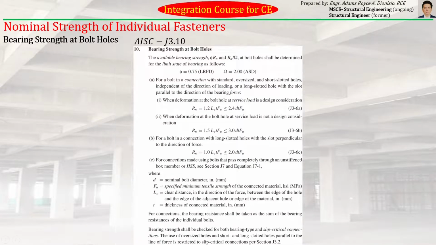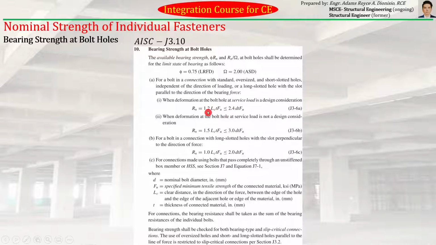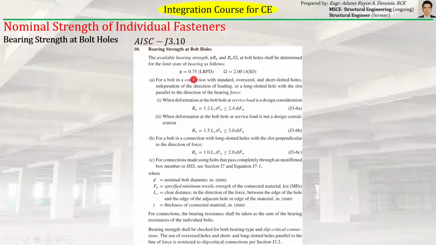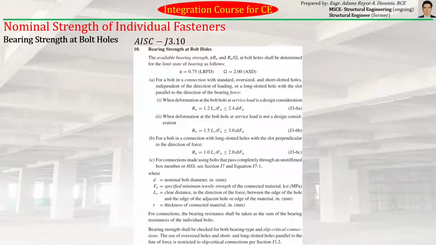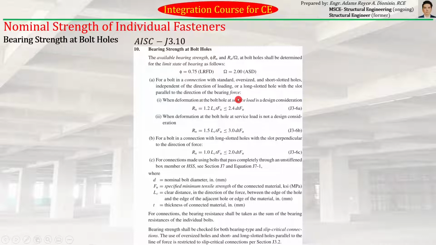So ito yung specific provision for the bearing strength at bolt holes which can be found sa AISC J3.10. So yung mga formula na pinakita ko kanina, ito especially this, nandito rin yan. So yung phi natin na ginagamit is 0.75. And then meron tayong iba't ibang cases na check. Unang case is for a bolt in a connection with standard, oversized, and short-slotted holes, independent of the direction of loading, or a long-slotted hole with the slot parallel to the direction of the bearing force.